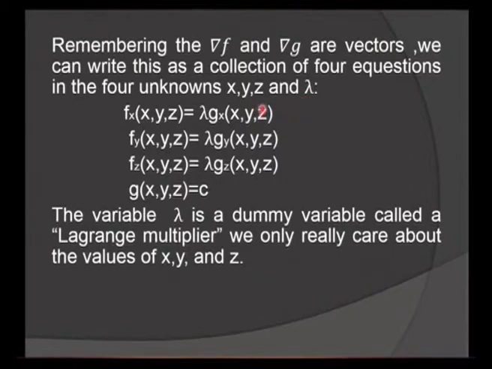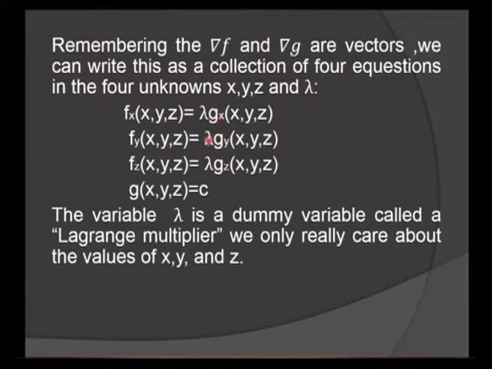So the 4 equations are given like this: fx of x, y, z is equal to lambda into gx of x, y, z, then fy of x, y, z is equal to lambda into gy of x, y, z, then fz of x, y, z is equal to lambda into gz of x, y, z.